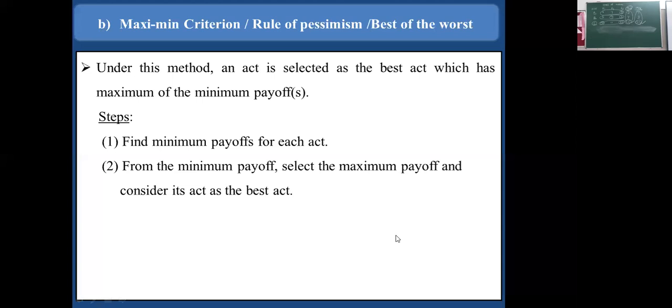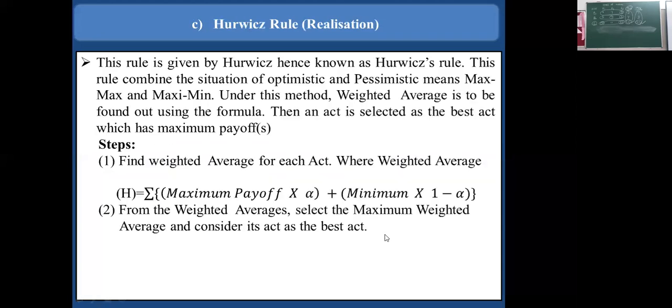That is Harvey's rule. It is also known as the rule of realization. Now, what is the meaning of Harvey's rule? The maximax rule will apply when the situation is optimistic, when there is hope of earning maximum profit.